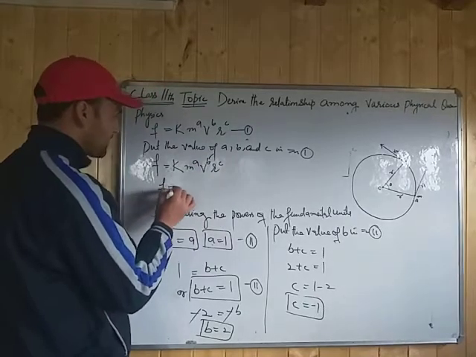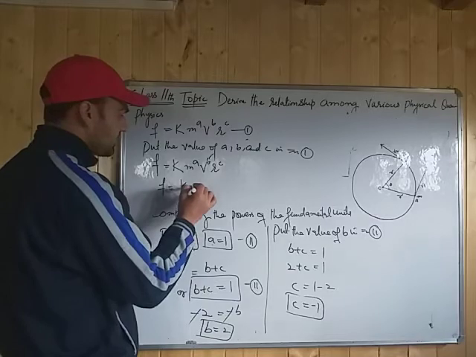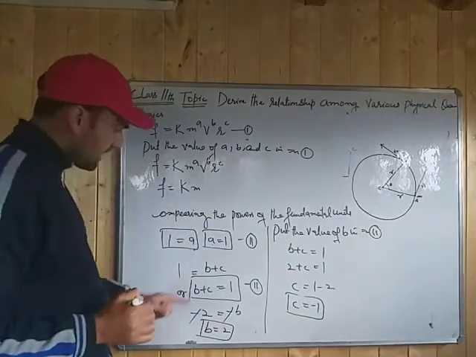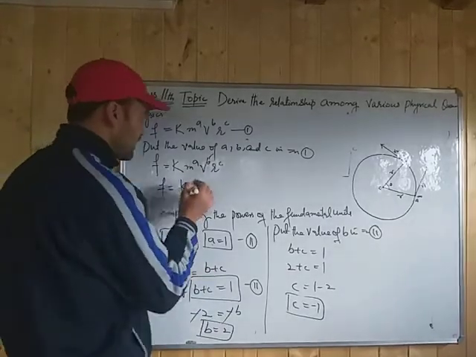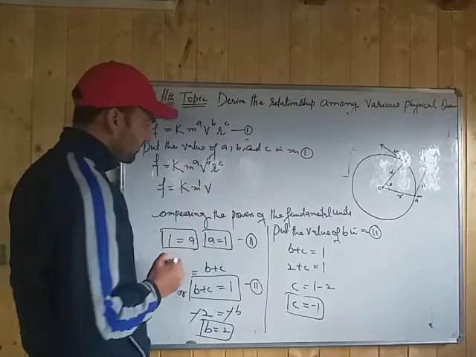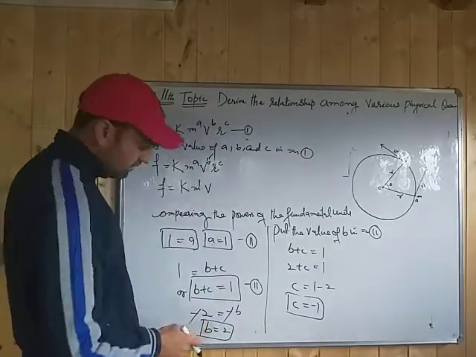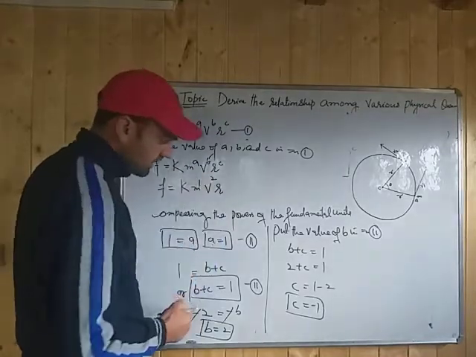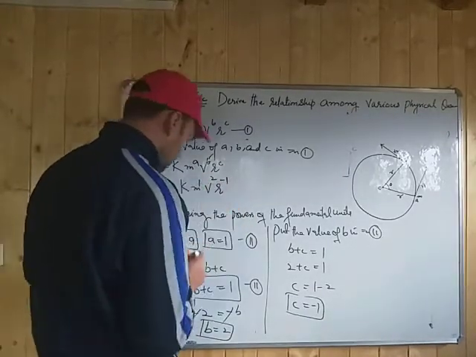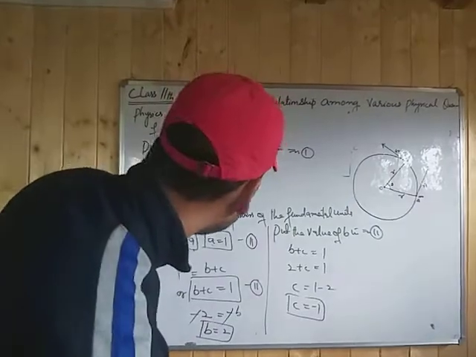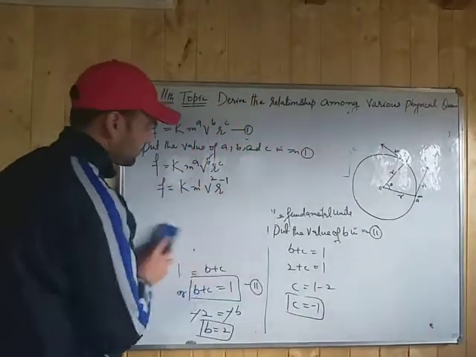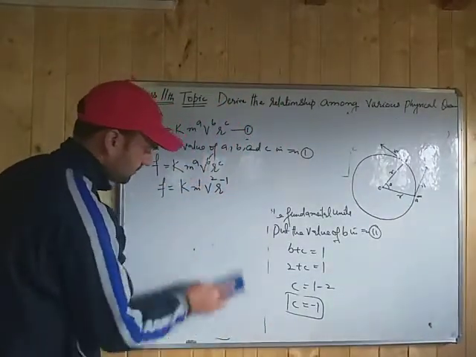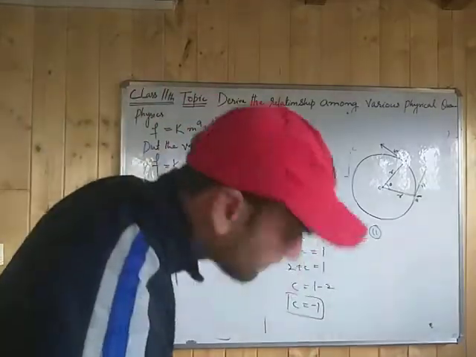So F is equal to k m raised to power a. What's a? So a is 1. We'll write here 1. Then we write v, velocity. What's the value of b? That is 2. And r raised to power c, c is minus 1.